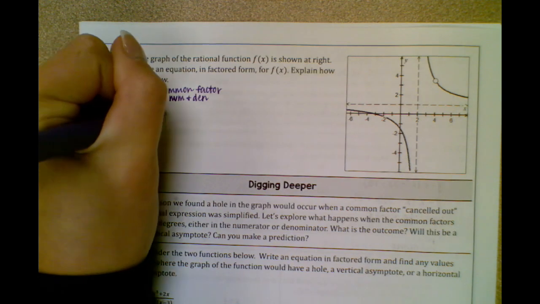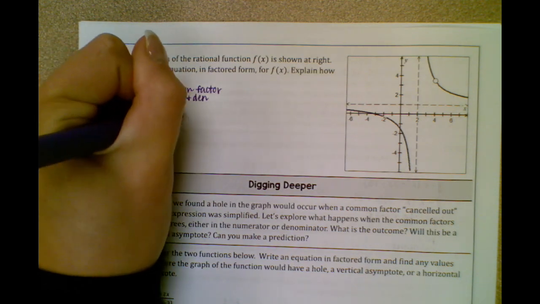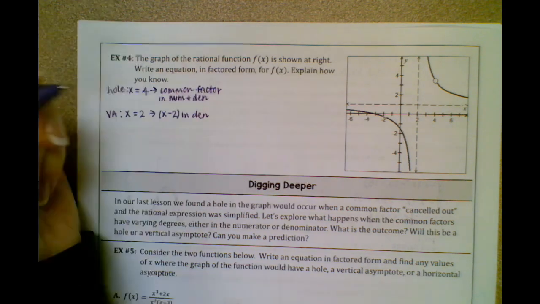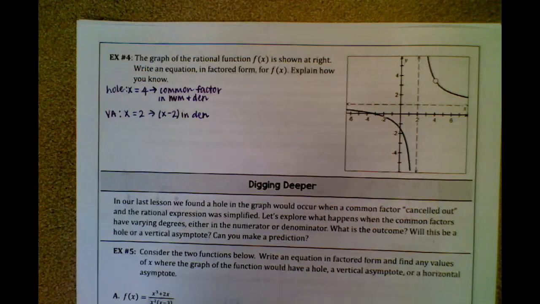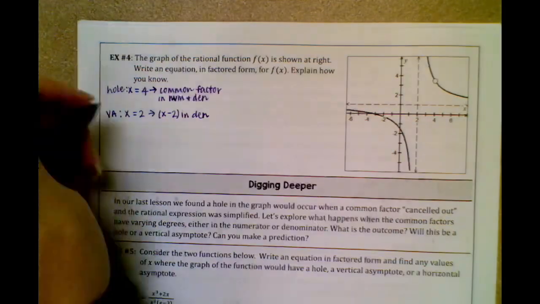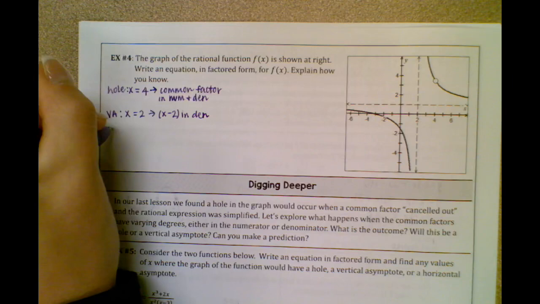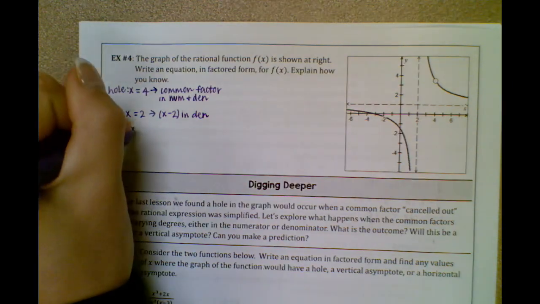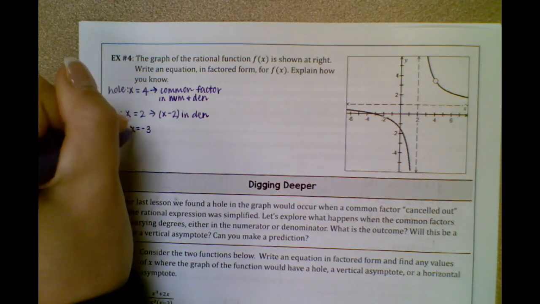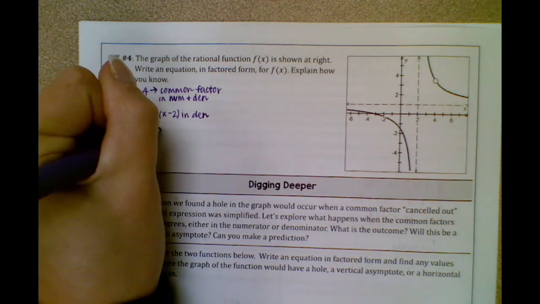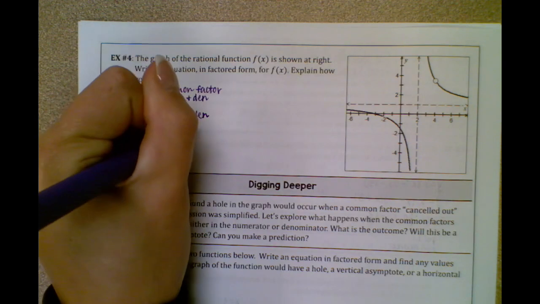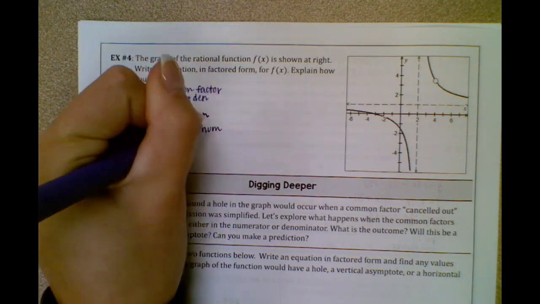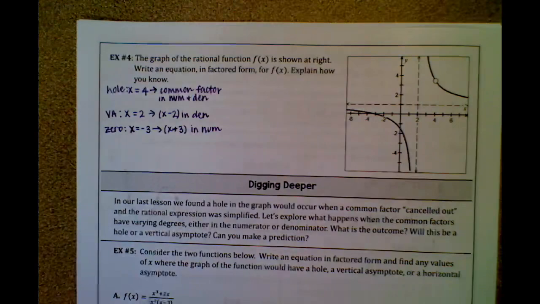So I will have the factor x minus 2 in the denominator. I have a 0 at x equals negative 3. So I would have the factor x plus 3 in the numerator. You would actually want to write out denominator and numerator on a test or quiz. I'm just doing this shorthand for notes right now.